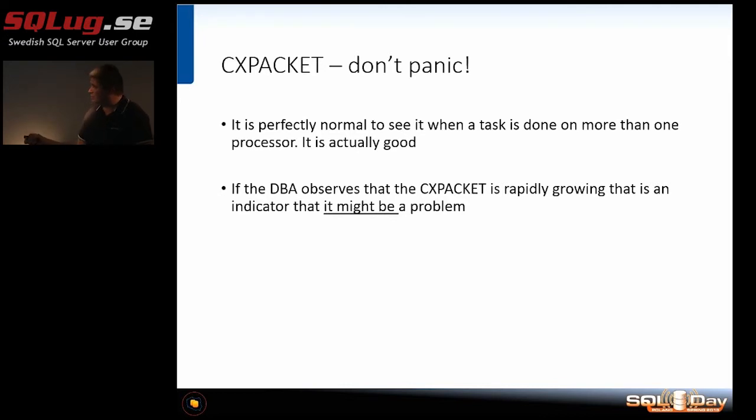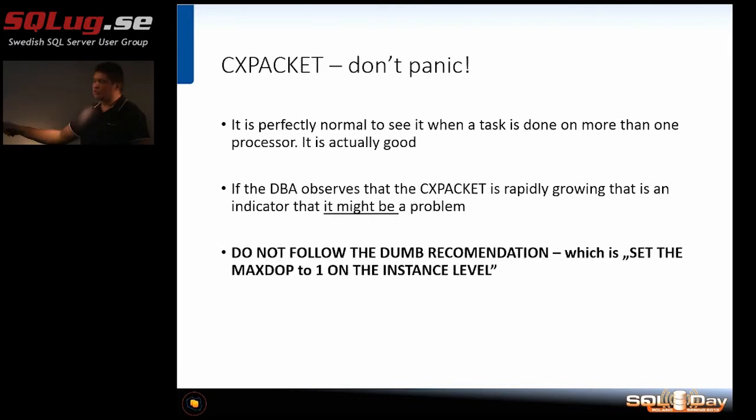However, if you observe that CX packet is rapidly growing, this might be an indication that something is wrong, and this might be a problem. Don't follow the dumbest recommendation on the internet. The dumbest recommendation on the internet is to set the max DOP to 1 on the whole instance. I found it actually. So don't do this.